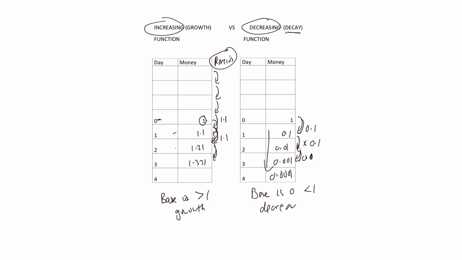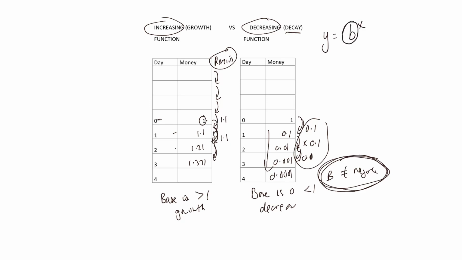And for those who are wondering, well, miss, why can't my base, the number that I multiply, be a negative? For this concept, I'm going to explain in a live lesson why the base cannot be negative. So as of right now, based on these examples in this format, this base must be positive and it must be greater than 0, which is the same thing as being positive.